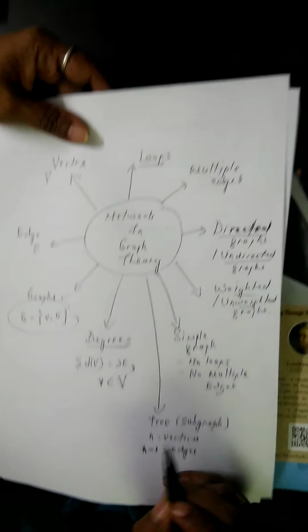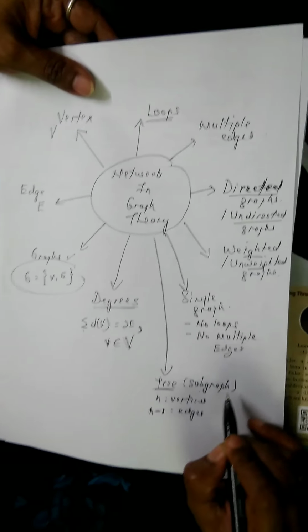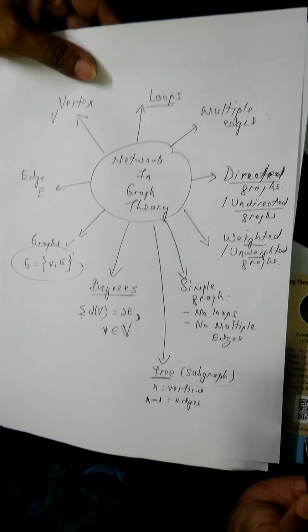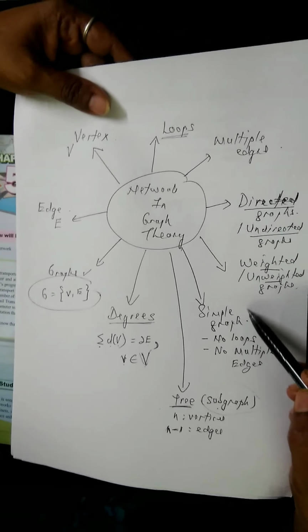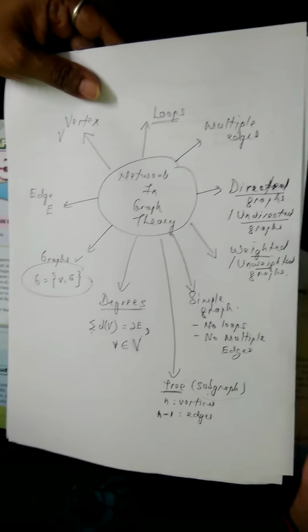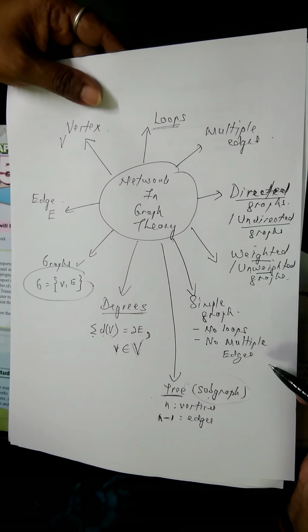Then we move on to tree. A tree is known as a subgraph, part of a graph, which when you draw it out becomes a tree. It can also be considered a simple graph, so it means almost the same. Simple graphs are graphs with no loops and no multiple edges.